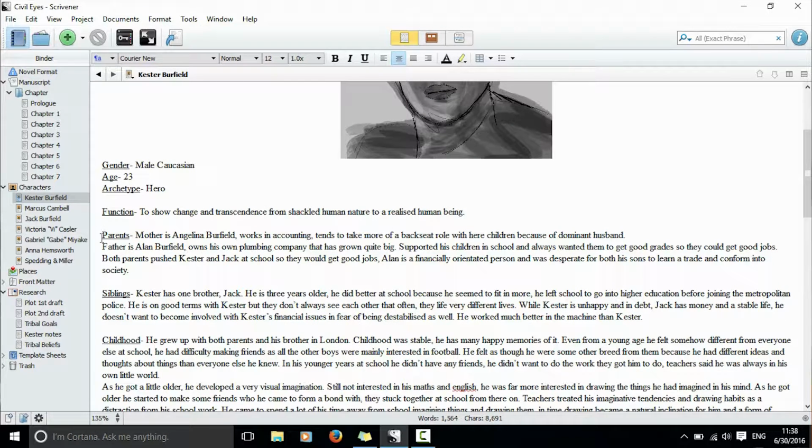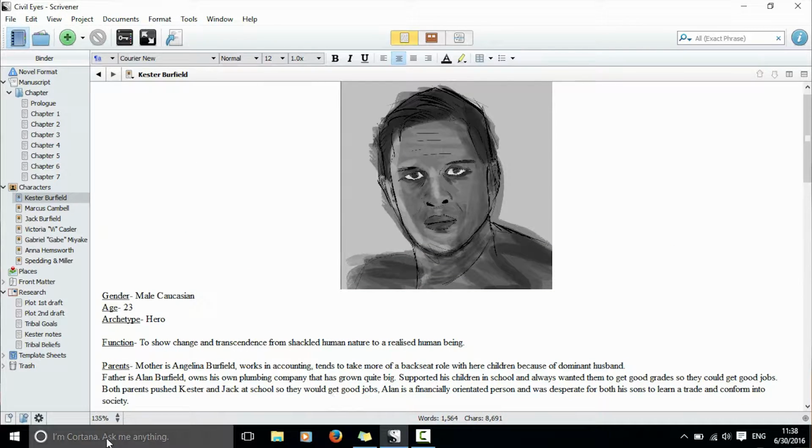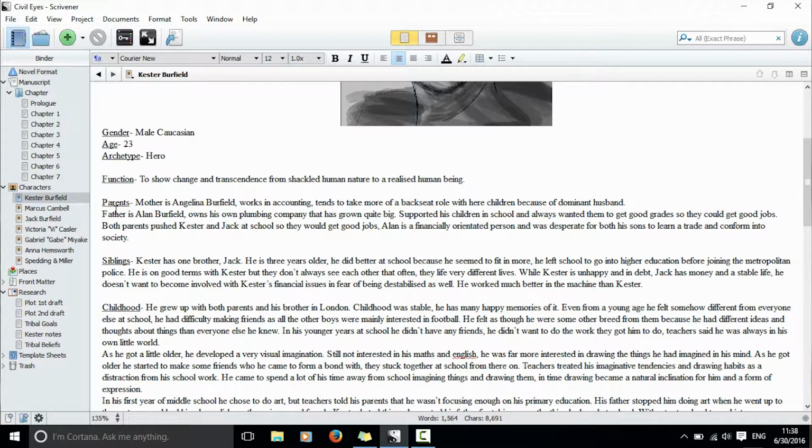Next, we actually go into the character himself. First off, parents. What were their parents like? Basically, I don't really go into massive detail, just name, what they did, sort of what their behaviour toward the child was, or the character rather.